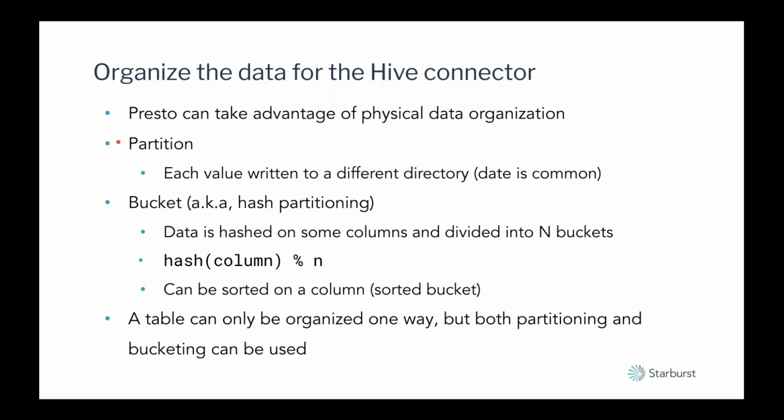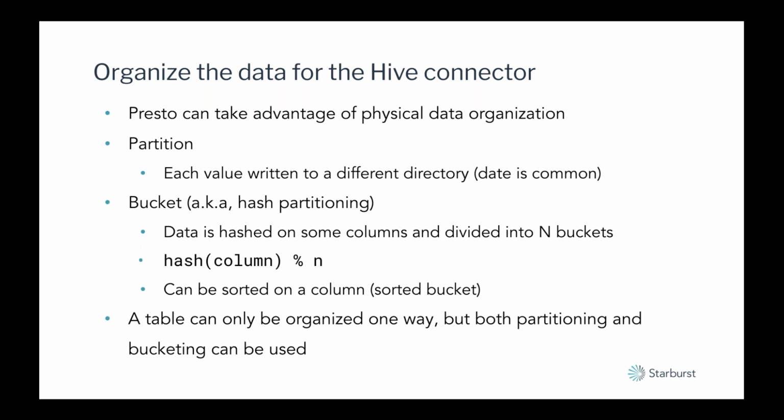Those files can be organized into directories and the rows can be organized into different files. So the first technique that Hive added is called partitioning, in which case each value of a column is written into a different directory.